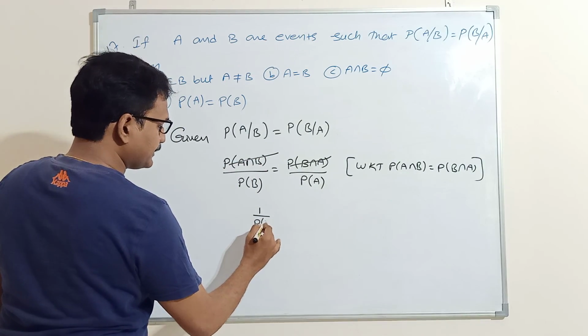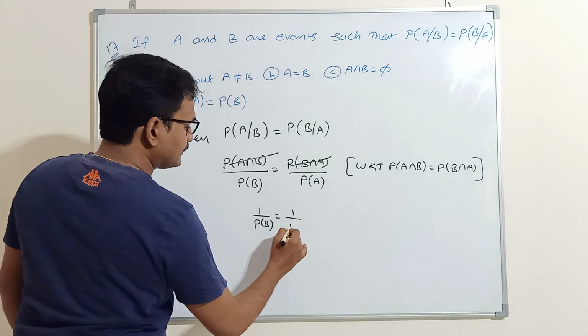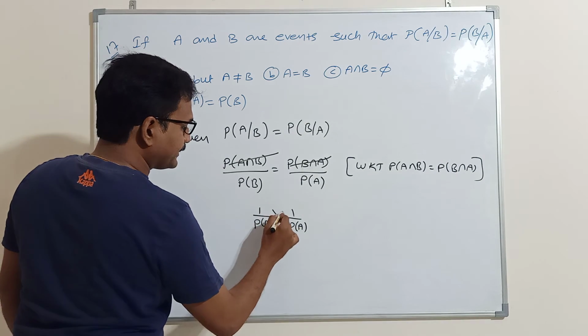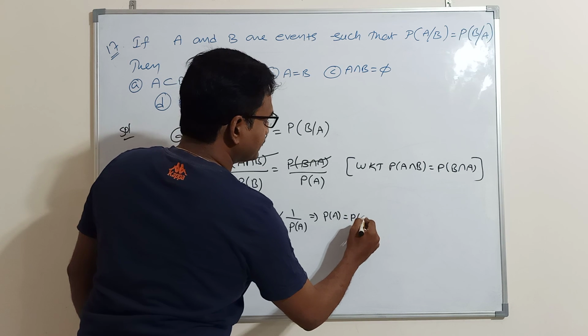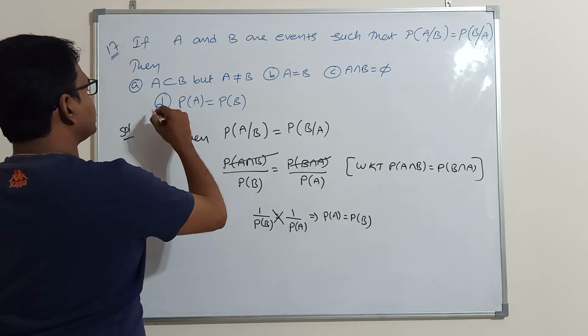So 1 by P of B is equal to 1 by P of A. By cross multiplying, P of A is equal to P of B. So option D is correct.